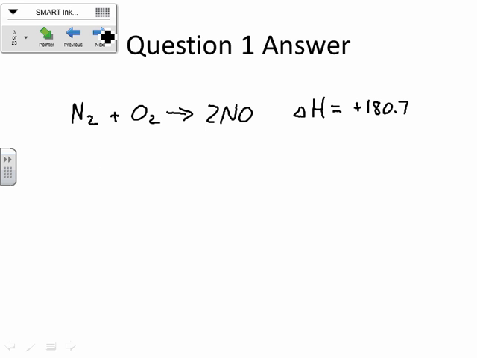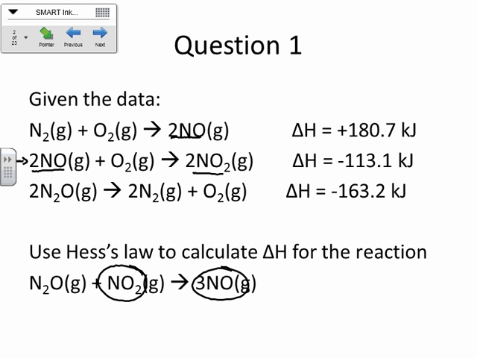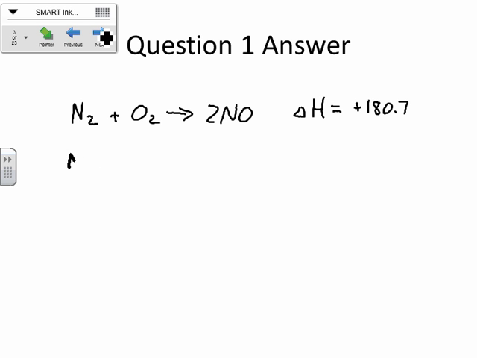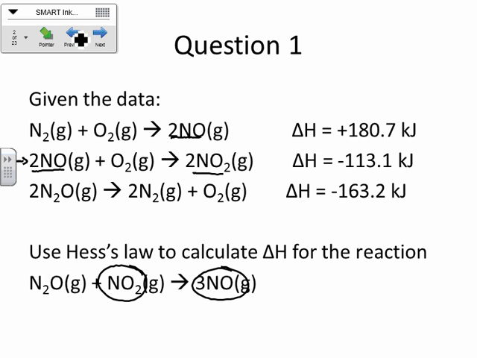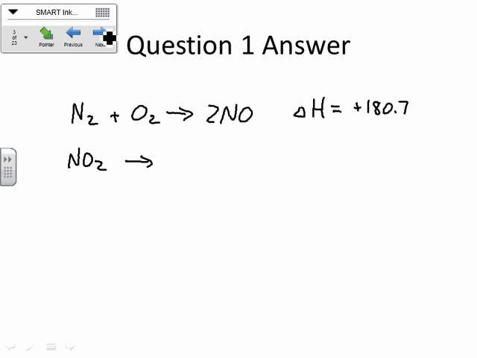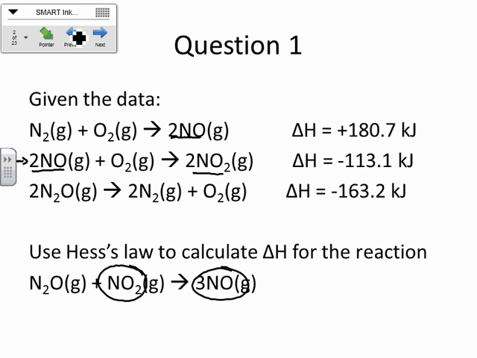So then the way we're going to rewrite the second equation here is we're going to have NO2 yields NO plus 1/2 O2. I know that's a little bit weird, but this is going to help us. So then what we'd have to do to our delta H here, because our delta H is originally negative 113.1.